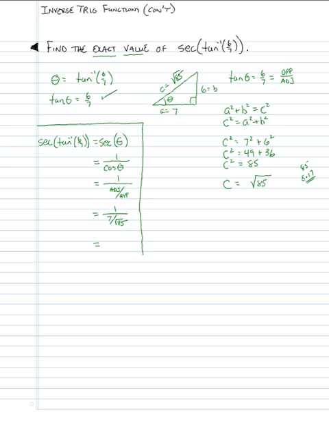And so we're really being asked here for the reciprocal. What would we do? We would say 1 times the reciprocal of that divisor, and the reciprocal would be the square root of 85 over 7, which is the result that we're looking for.